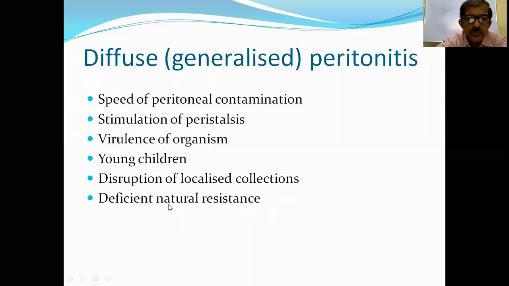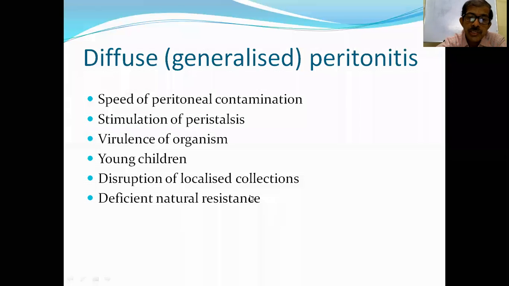Then, deficient natural resistance, particularly in those who are immunocompromised, maybe taking steroids, or might have undergone transplantation, so we are giving immunomodulators, or the patient is having diabetes or HIV.